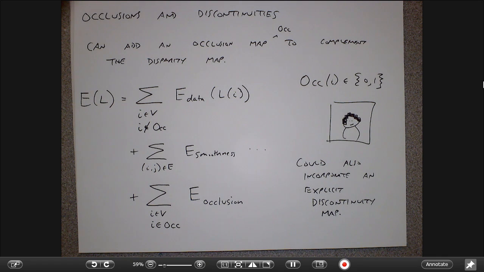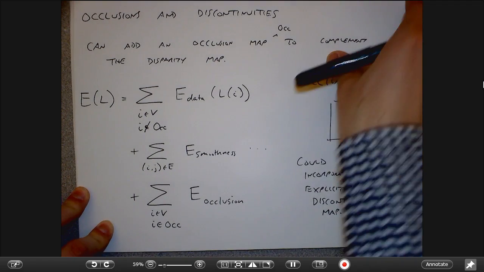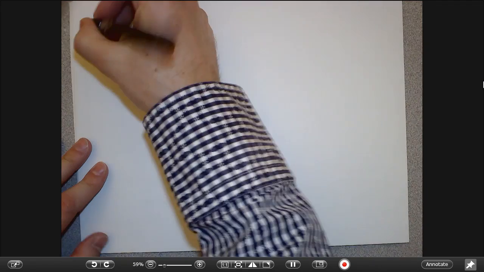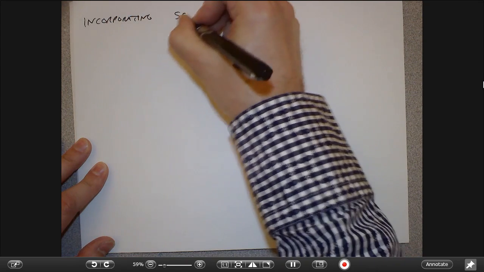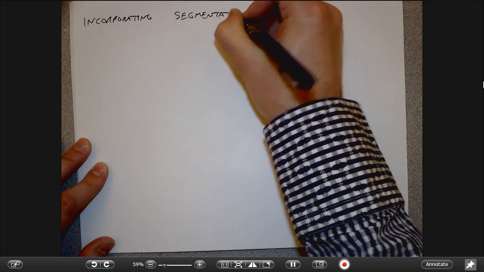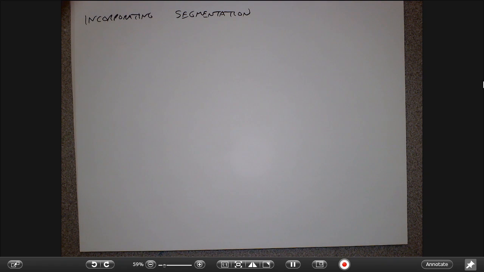And one final thing that you can do to make a good stereo algorithm is to incorporate some sort of segmentation. What I mean by that is you can have a model within a foreground object for how smooth the disparities should be. Let's suppose I'm looking at a slanted wall. For all the pixels on the wall, the disparity is just a function of that planar surface.